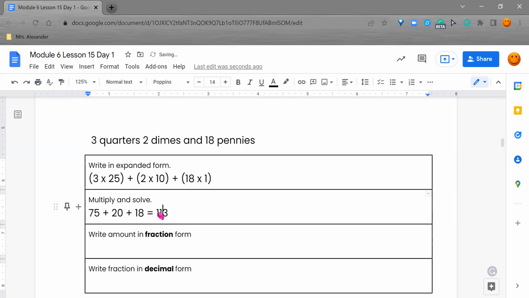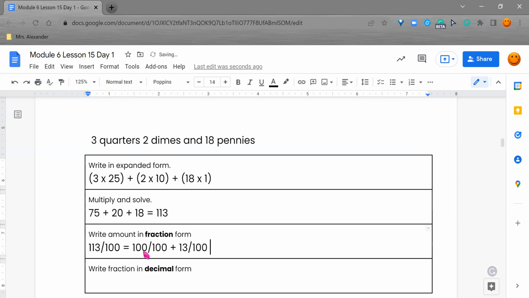So now I have 113. And remember, I'm dealing with money, so I get to put it over 100. And now that I did that, I see that I have an improper fraction, which means I need to take 100 out. And how much do I have left over?